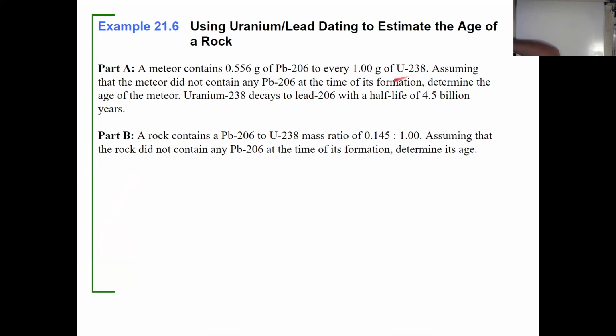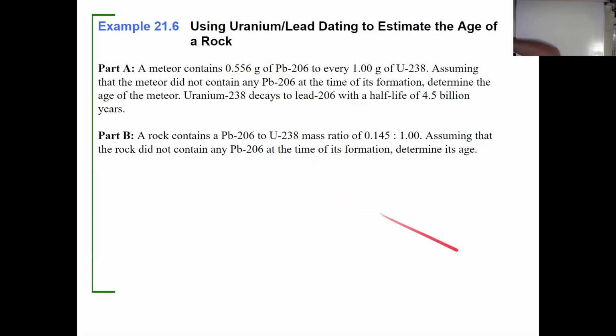So we're assuming that when the meteor formed, there was no lead-206. So all of the lead-206 that exists now happened after the time of formation. We know that uranium-238 has a half-life of decay to lead-206 of 4.5 billion years. So all of this lead-206 is forming after the meteor formation.